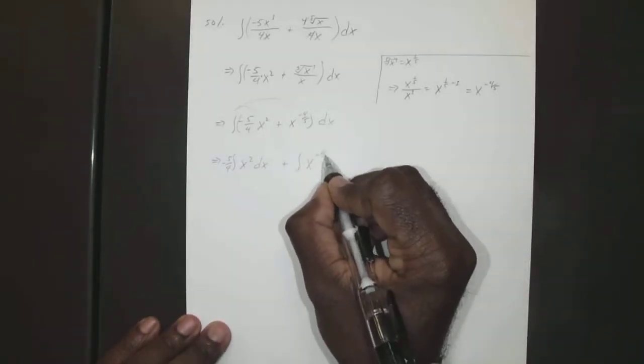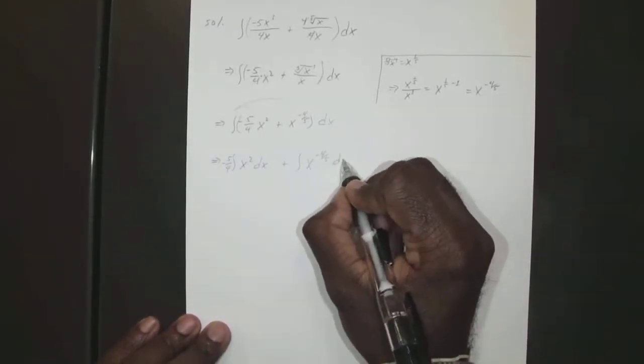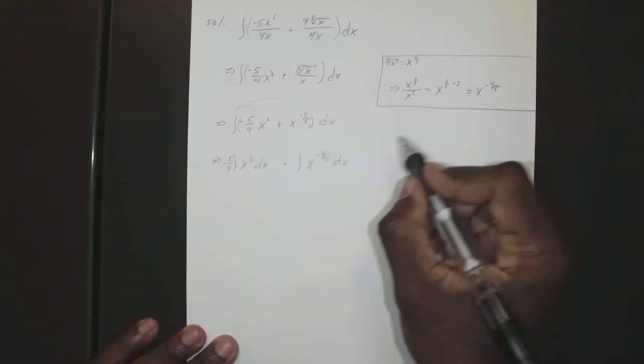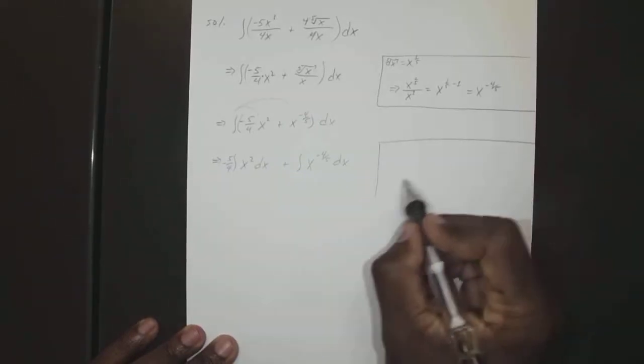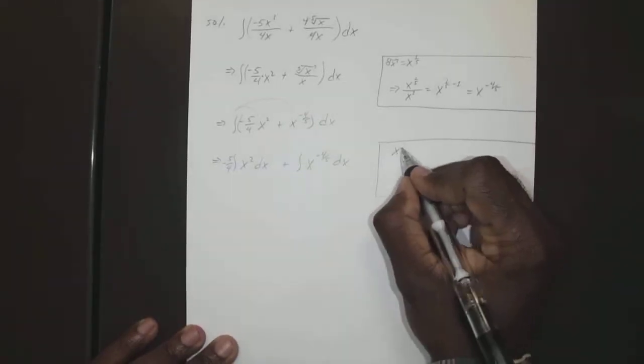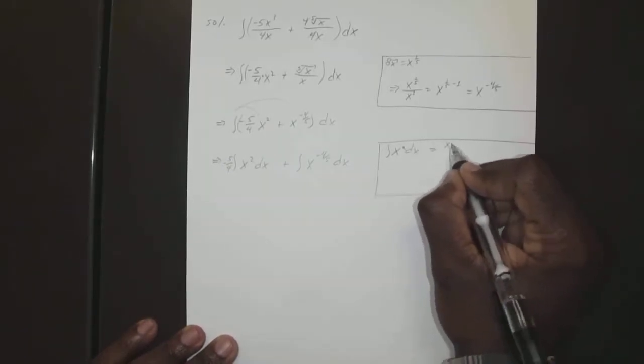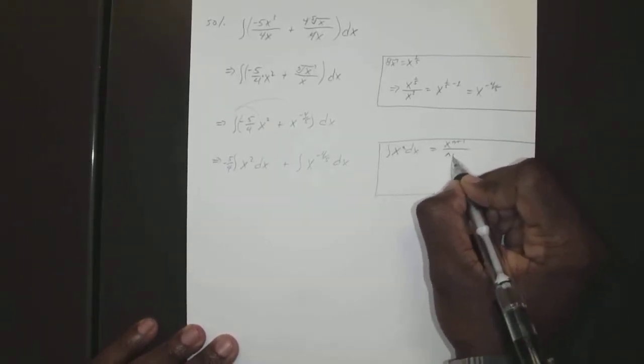of x to the negative 4/5 with respect to x. Okay, and from there, we're going to use the integral of x to the n dx, which is x to the n plus 1 over n plus 1.